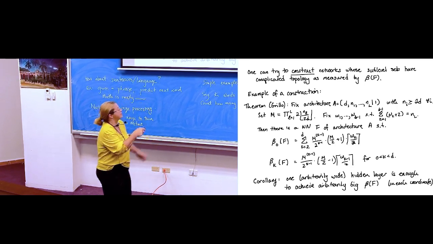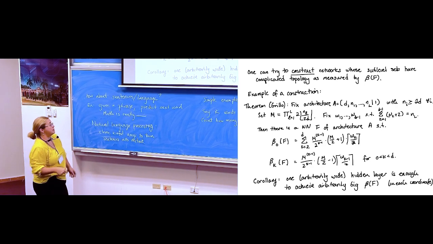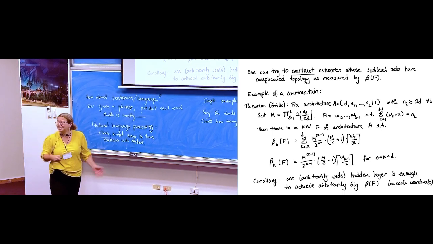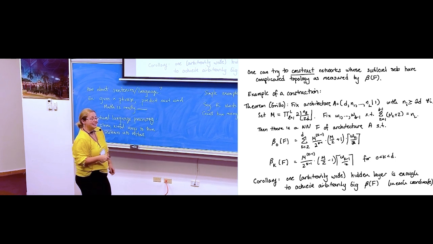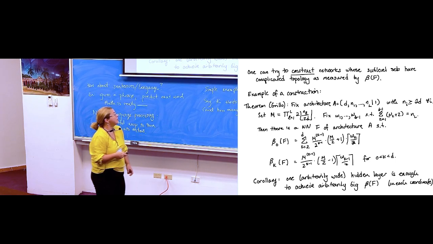And so he has a construction that actually comes up with one of these neural networks. I don't actually know the details of the construction. It's in his paper, so feel free to check it out.